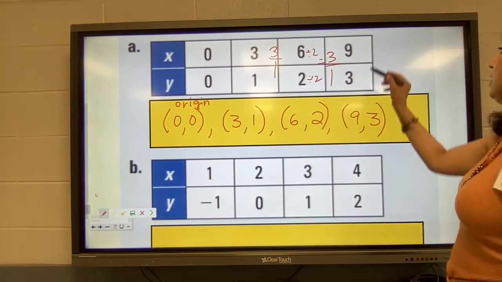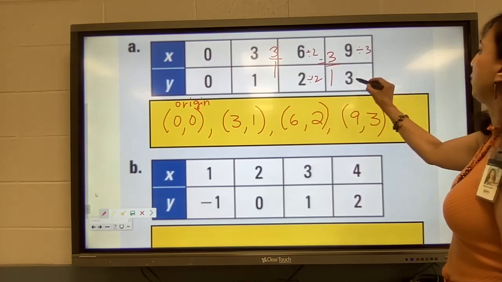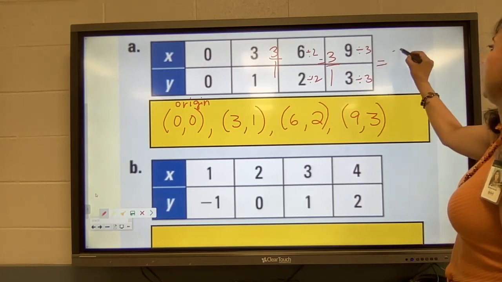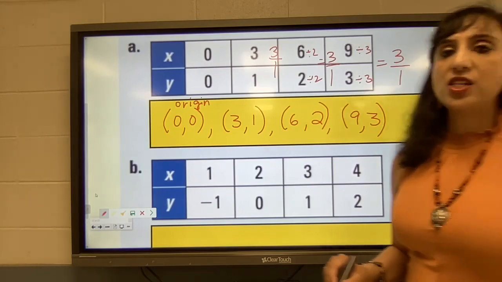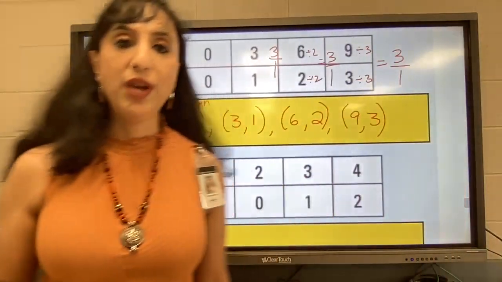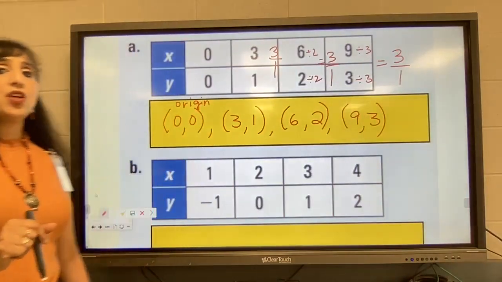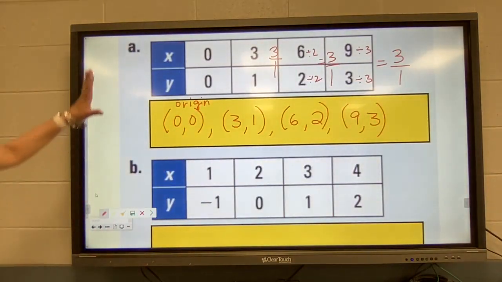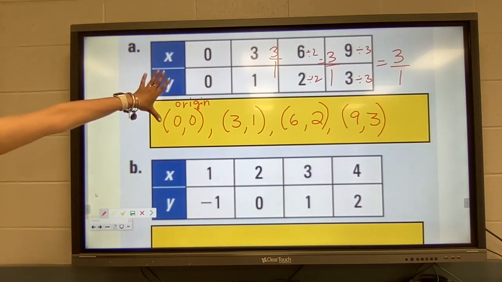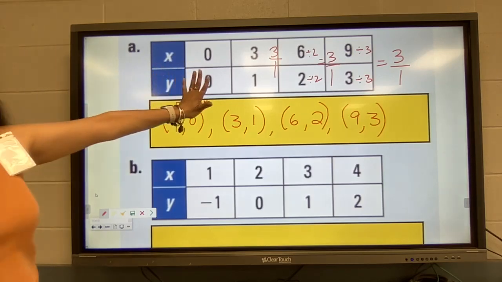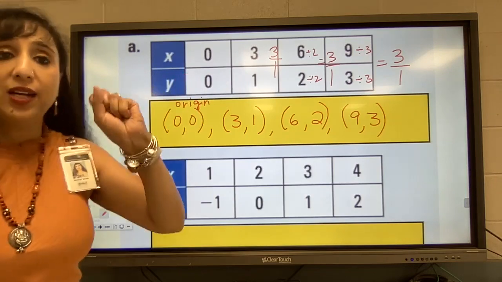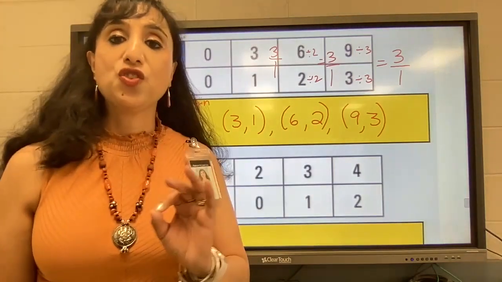And then 9 divided by 3, I again get 3 over 1. So my constant of proportionality is 3. I can see that this is definitely a proportional relationship. I'm going to have the line go through the origin and it's going to be a straight line.